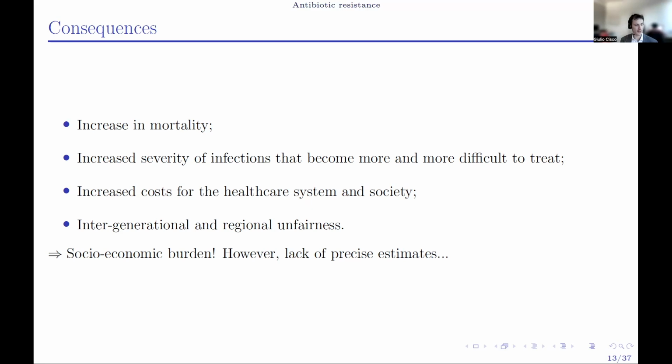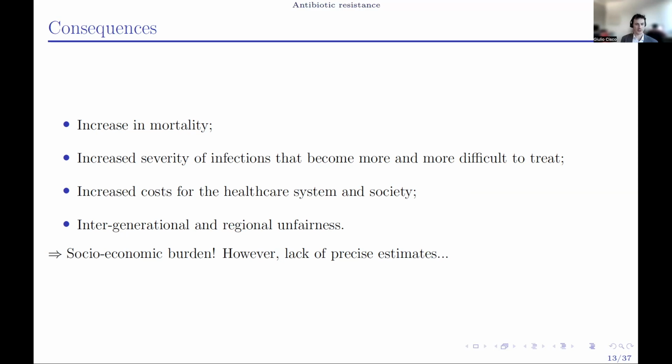And last but not least, we have also this intergenerational and regional unfairness, because as we saw, antibiotic resistance now develops much quicker than in the past. So we have to keep in mind also the future generations. And basically, it's now that we have to move and find solutions.